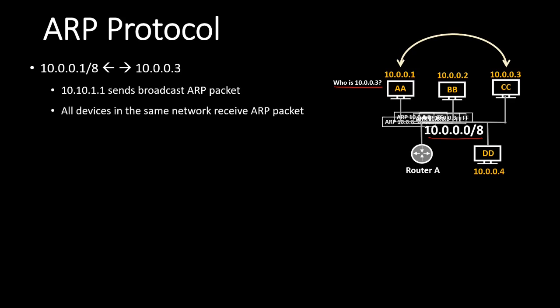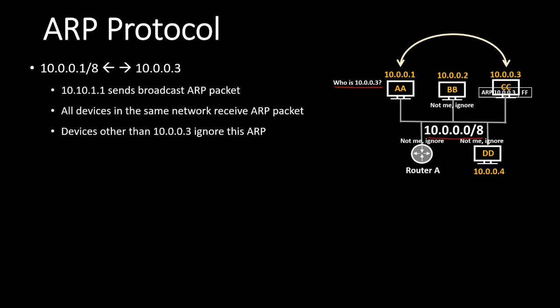Once this ARP packet is sent, it will be received by all devices in the network, including 10.0.0.3, but as it is a broadcast, it will be sent to all devices, whether they are 10.0.0.3 or anything else. Devices that are not 10.0.0.3 simply ignore this message. For example, this device here reads inside the packet and finds that this packet is looking for 10.0.0.3, but as my IP address is not 10.0.0.3, I should ignore this message.